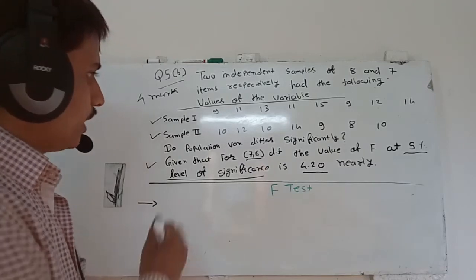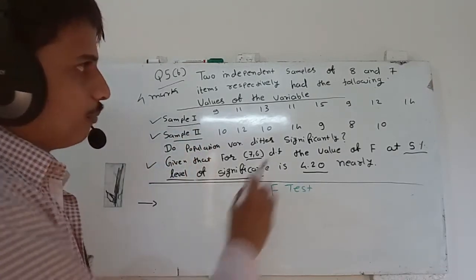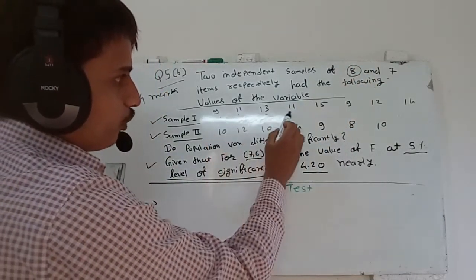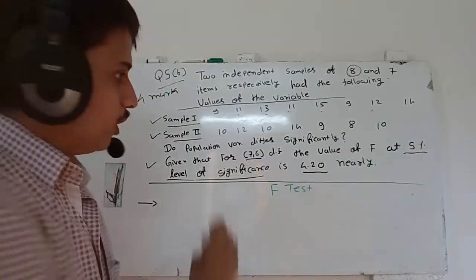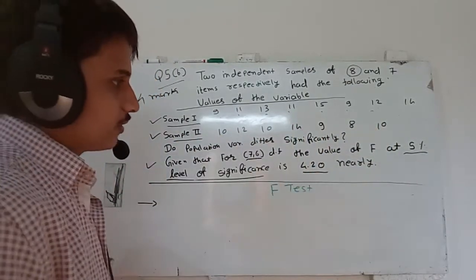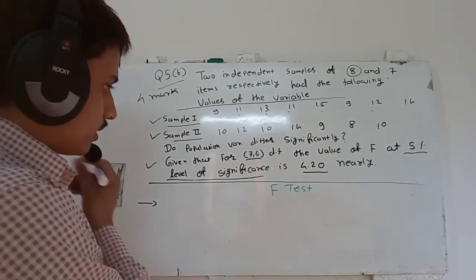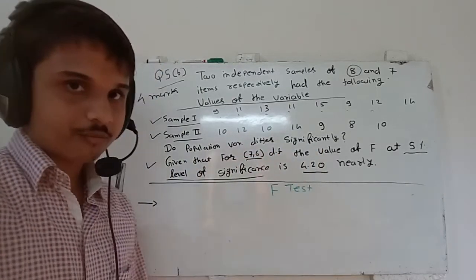Now in the table we are given two rows, sample 1 and sample 2. Sample 1 has total 8 items 1, 2, 3, 4, 5, 6, 7 and 8, whereas sample 2 has 7 items. Now we have to determine, do population variances differ significantly?